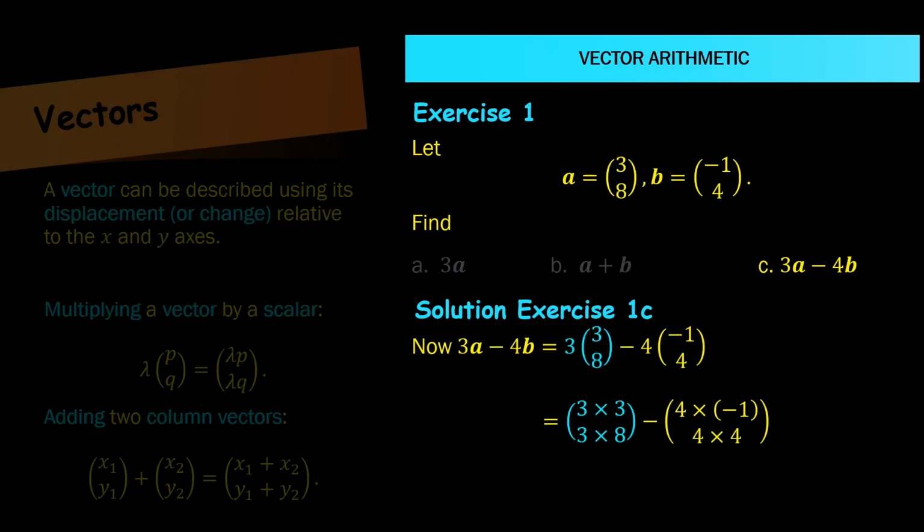Multiply a by 3 as shown and multiply b by minus 4, or multiply b by 4 and take it away from 3a as shown. To give (9, 24) minus (4, 16). To give (13, 8).